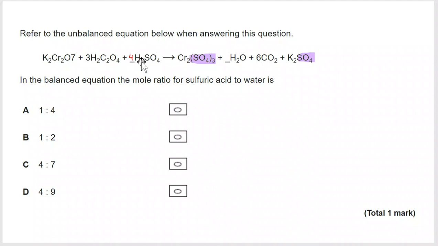So I need 4 H2SO4s to balance it. Once I've done that, the whole of the left-hand side is balanced. So I can now work on balancing my Hs. I've got 3 H2s, I've got 4 H2s, that's 8, 14 in total. That means I need 7 H2O on the right-hand side to balance it. My ratio is 4 to 7, and the correct answer is C.